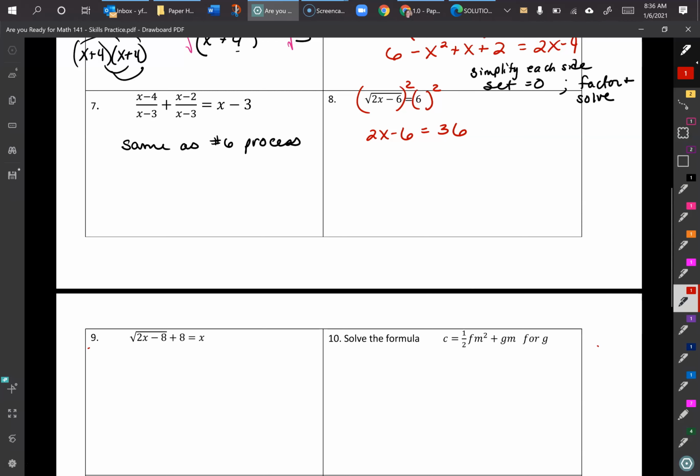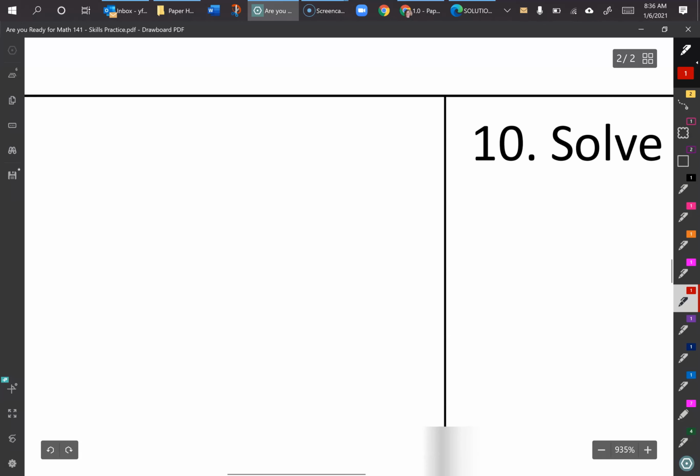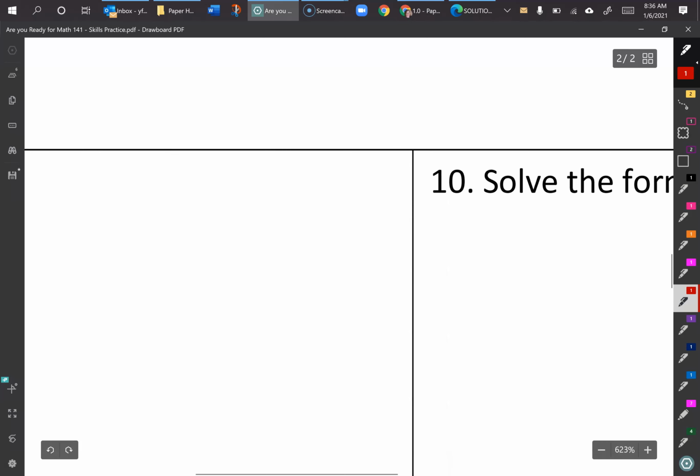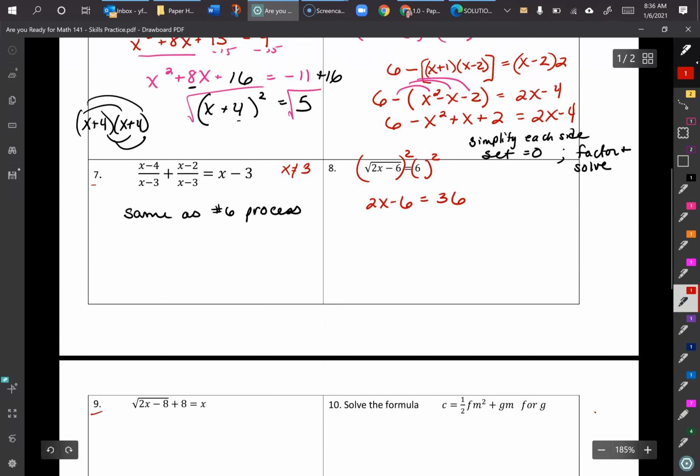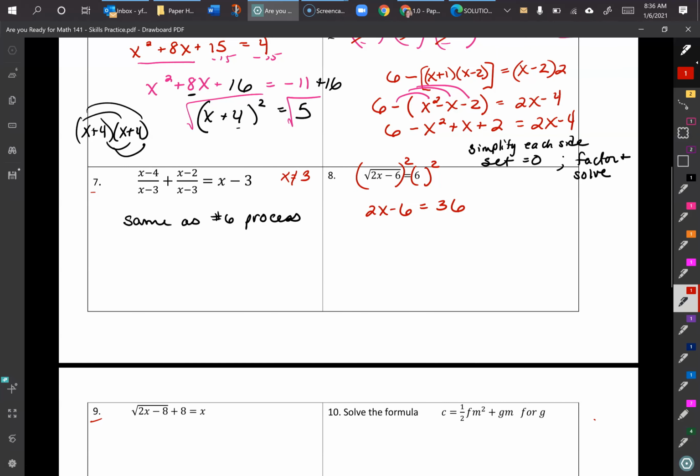And also for number 9, you're going to get an extraneous answer, because we have to note here on number 7, x cannot equal 3. For the radicals, you really just need to check them. You need to test your answers. I think I've shown that in the examples for the class problems, though.